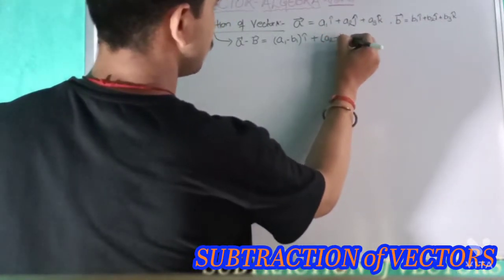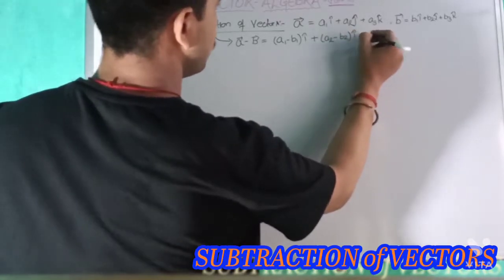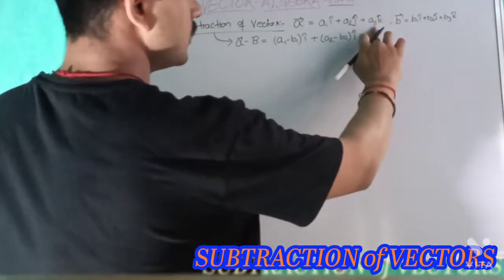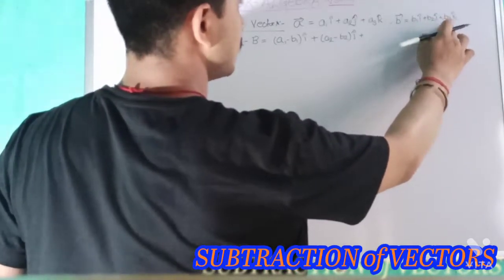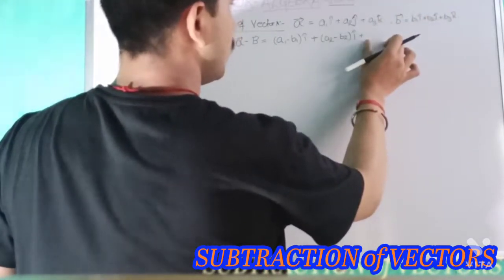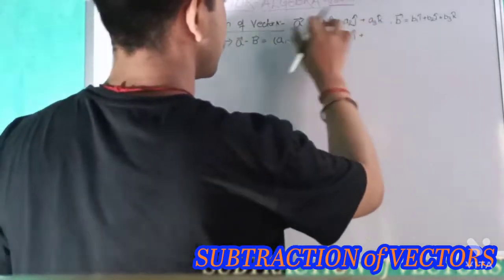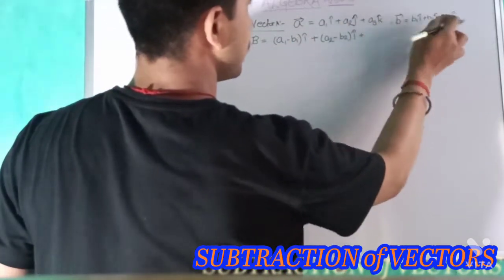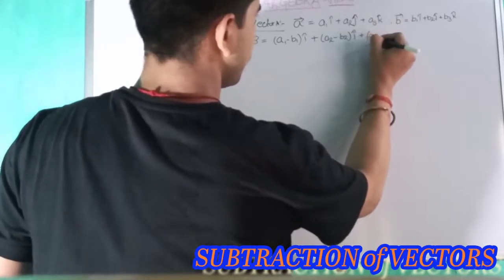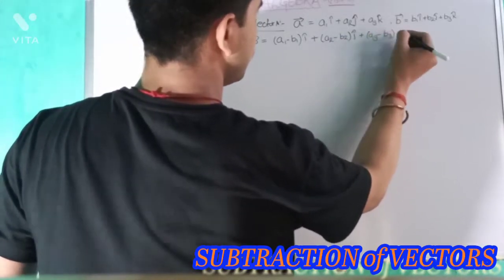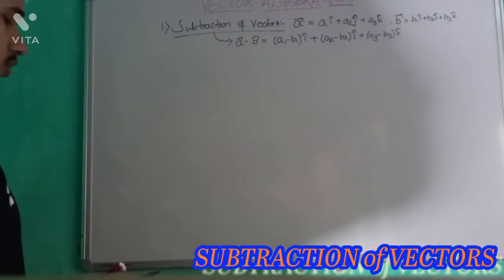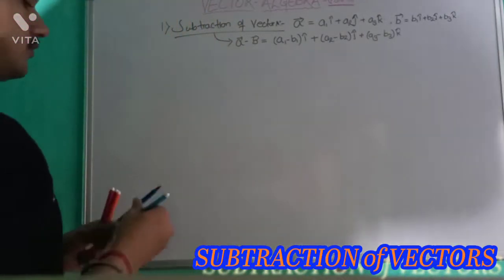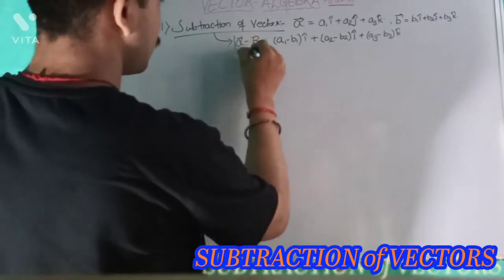And then the third component will be subtracted from this to get the z component of the obtained result. So the z component will be a3 minus b3, k cap. So this is going to be the result for the subtraction of two vectors.